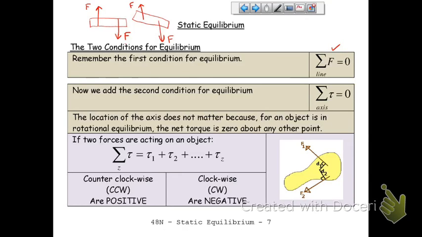There's the sum of the forces equals 0, but then in order for this to match, if we think about it, this force will cause the thing to turn in a clockwise direction, which is a negative torque as far as we're concerned. And the other force will cause it to swing in a clockwise direction, which is also a negative torque.